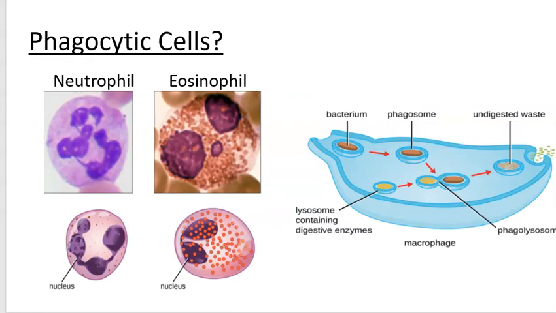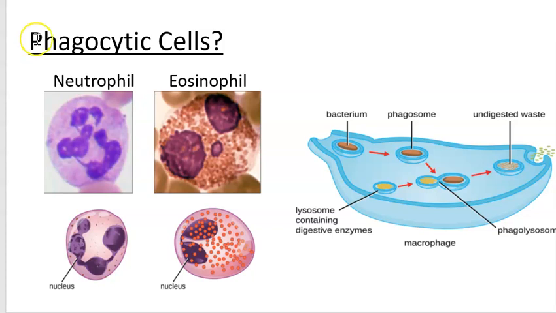So if we look at this process, two of our white blood cells that are granulocytes are going to be phagocytic. Your neutrophils are extremely important. Remember, the majority of white blood cells that you'll find in your bloodstream are neutrophils, and these will see an increase in numbers if you do a blood cell count early on in a bacterial infection.